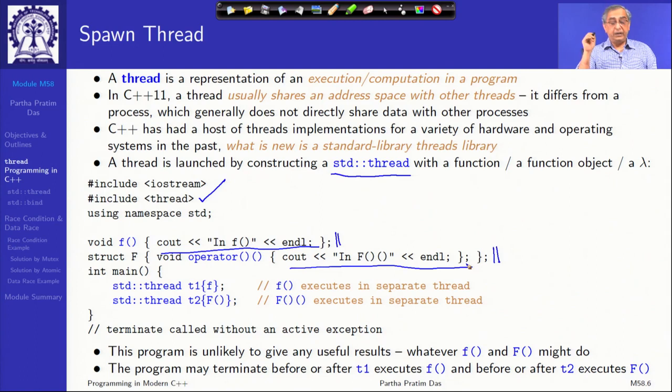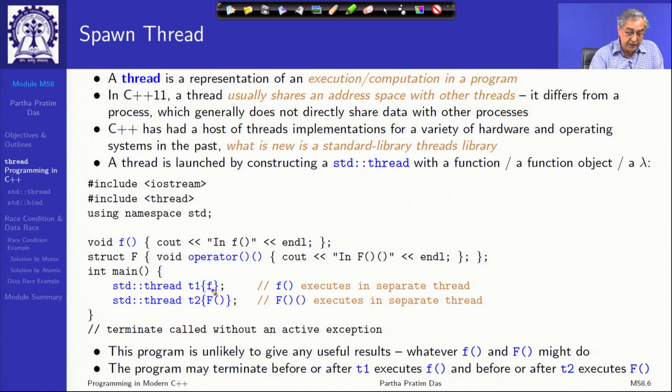The overloaded operator just prints a message, and this is how you invoke the thread. You construct a thread T1 with the function parameter f. I am using the C++ style of initialization, because that is what you should be comfortable with. Similarly, thread T2 could be constructed with a functor object, and as soon as that thread is constructed, it starts executing.